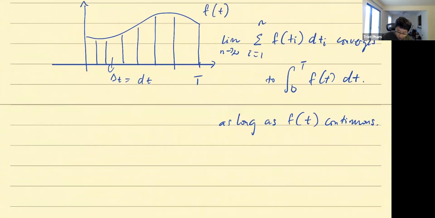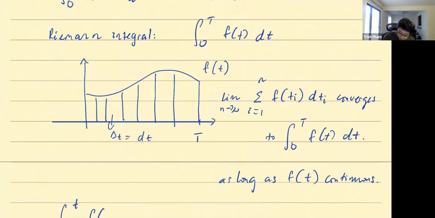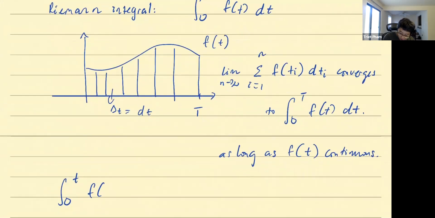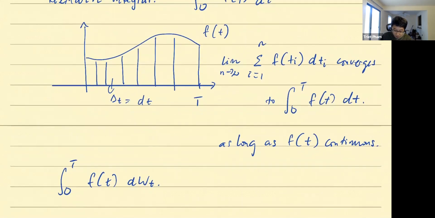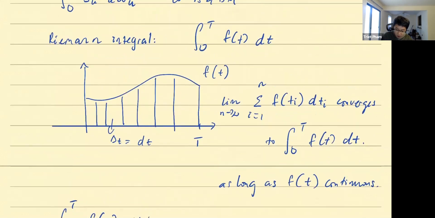On the other hand, let's look at the same object, but instead of dt, I do dWt. All right. Now there's no longer any picture for this. I mean, there is a picture, but not something I want to show you. The reason is, first of all, remember what the interpretation is.